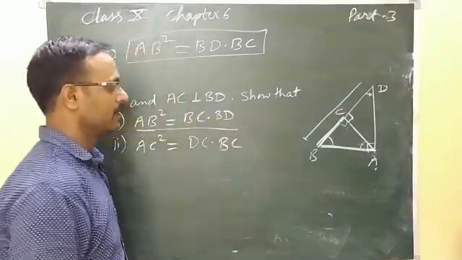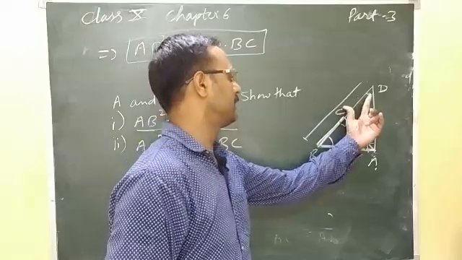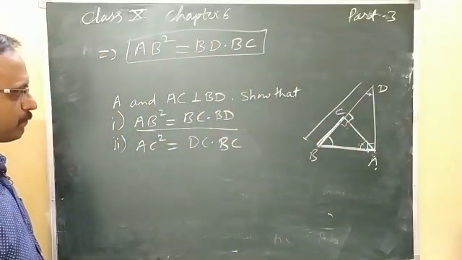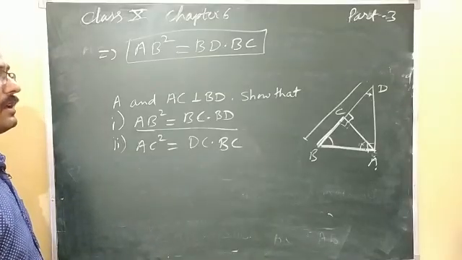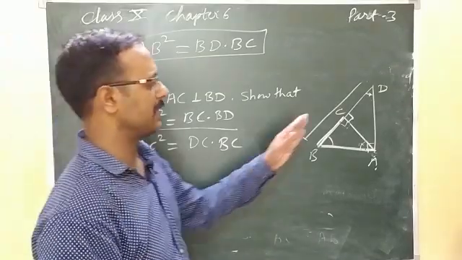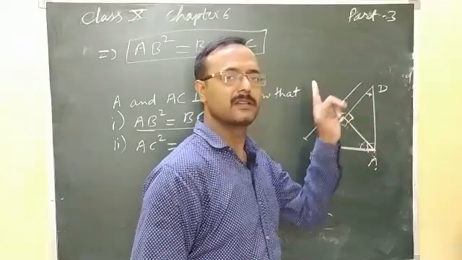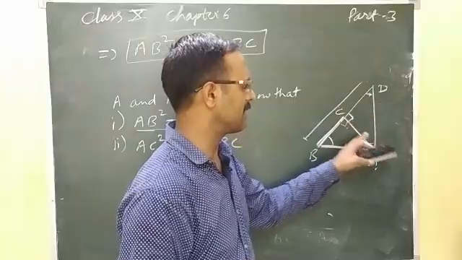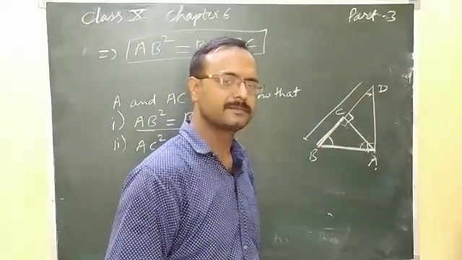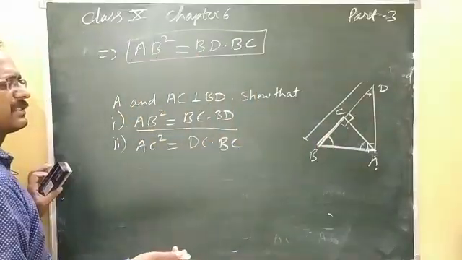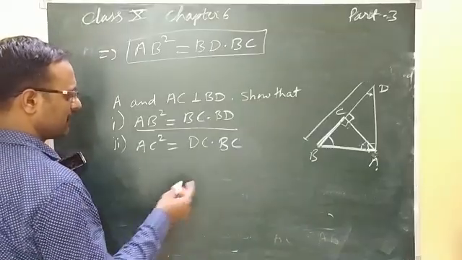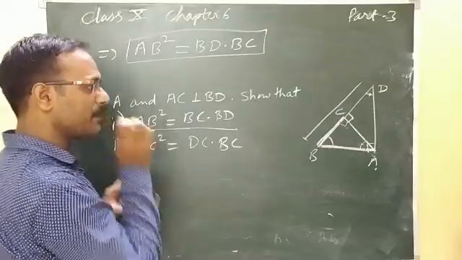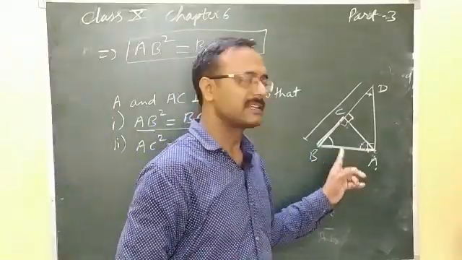This I have to prove: AC square equal to DC into BC. See here, now as we have proved this triangle as similar to the bigger triangle, similarly we can also prove that this triangle is similar to the bigger triangle. So let us see what will be the corresponding triangle points. Or we can directly prove these two triangles as similar.